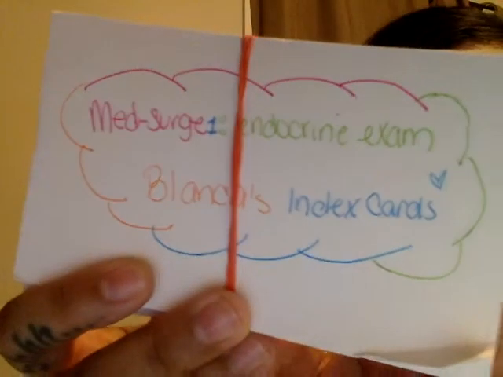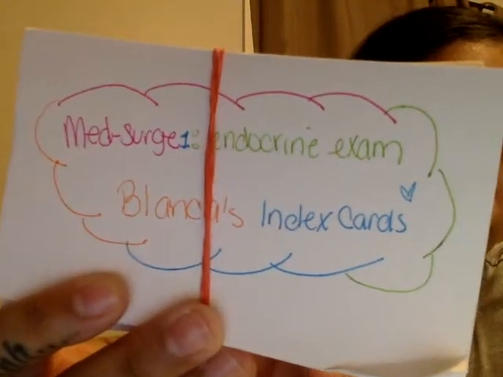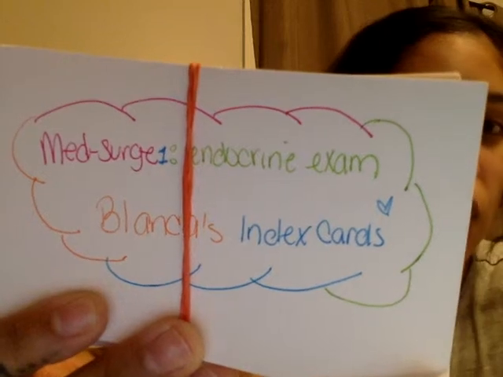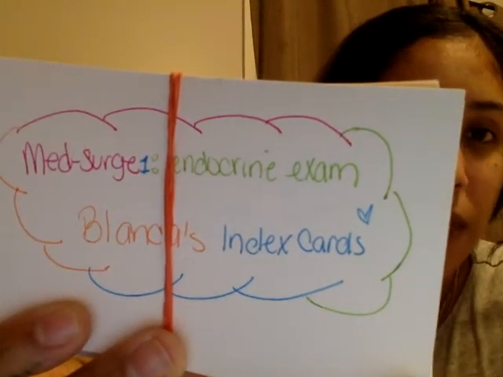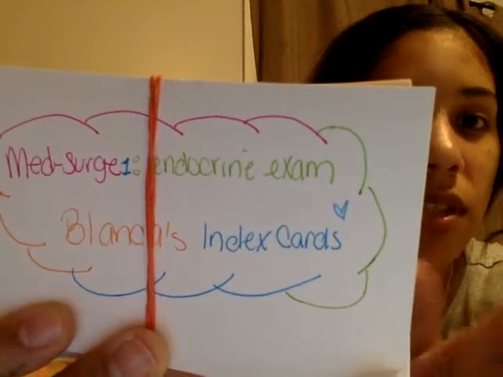If you can see, my flashcards say MedSurg 1 and the topic of the exam. This one says endocrine exam, but if it was diabetes mellitus, it would say diabetes mellitus. This is basically the cover page of my index cards. Then I can study based on my flashcards and my study guide, and I make my flashcards based on the information on those study guides.